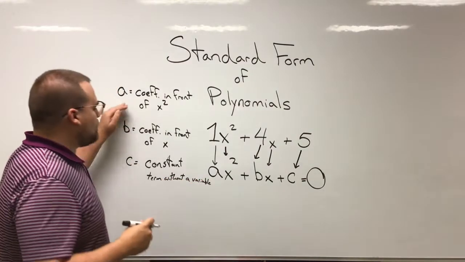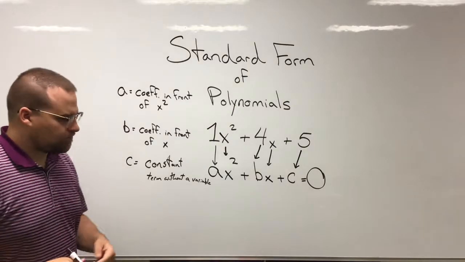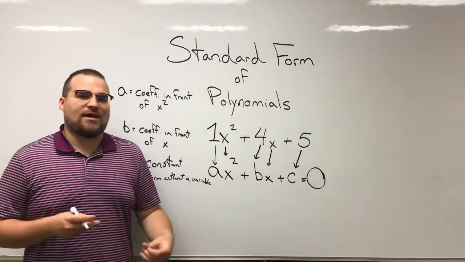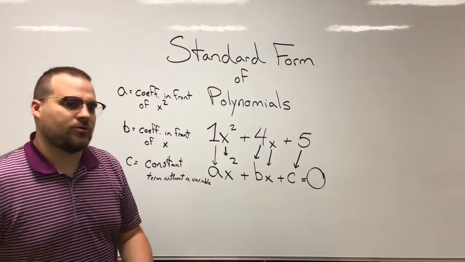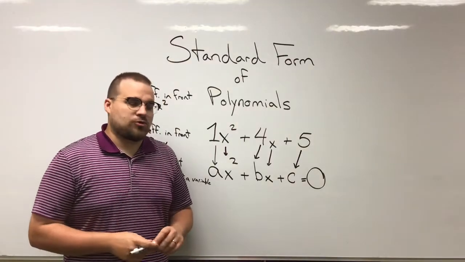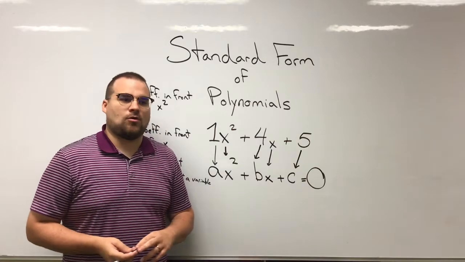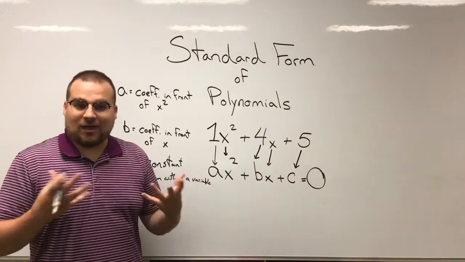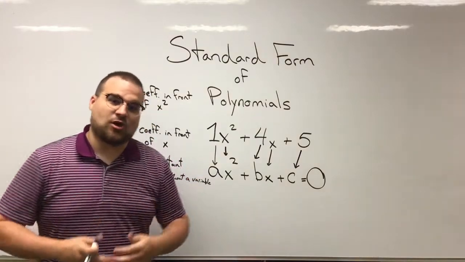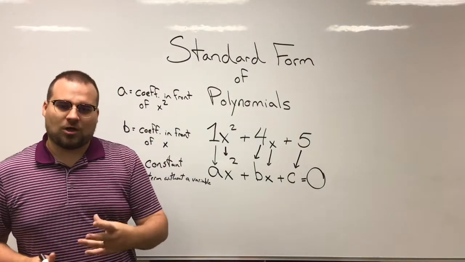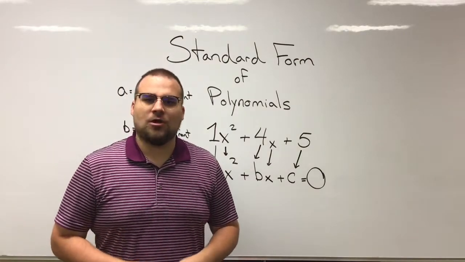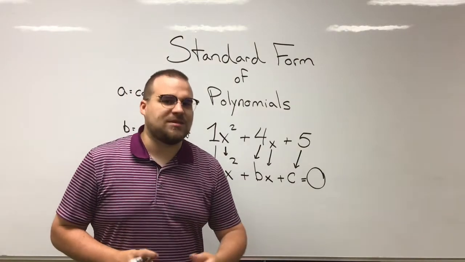So we have our A term, our B term, and our C term. Those are really what we are going to refer to whenever we are talking about polynomials. A lot of times whenever we're doing things like factoring or the quadratic equation, and a lot of these things that you guys may not have even heard of yet, we're going to talk about, well, what's the A value of the polynomial? Or what's the C value? Or what's the B value?